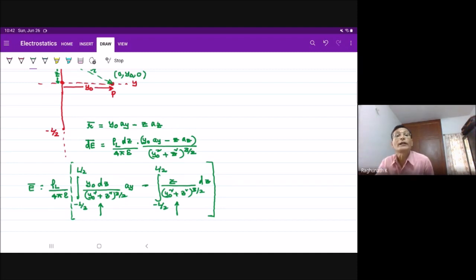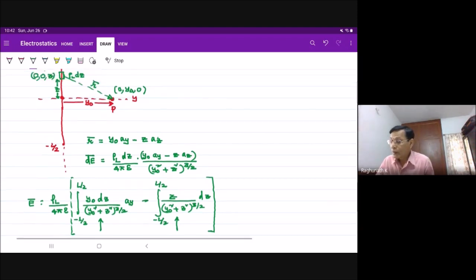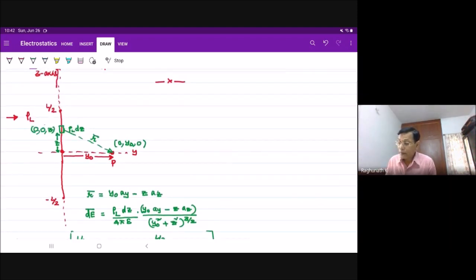But what I need to understand is, while integrating the expression for the electric field intensity at the point P, I should have considered such elements everywhere from minus L by 2 to plus L by 2.